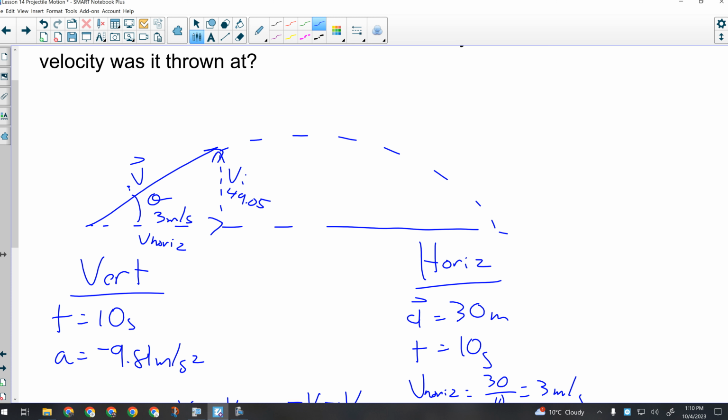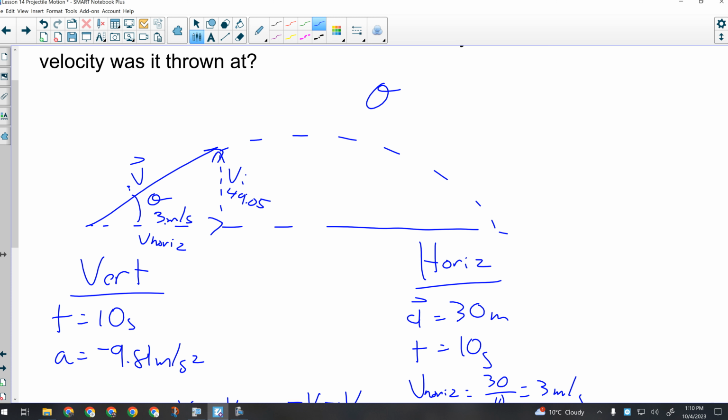So did I draw that very well? But I didn't know that when I started it, that one of these sides was going to be way bigger than the other. I just drew the general idea. Now I can get that angle because I know the opposite side and the adjacent side. Is it going to be pretty steep? Very.